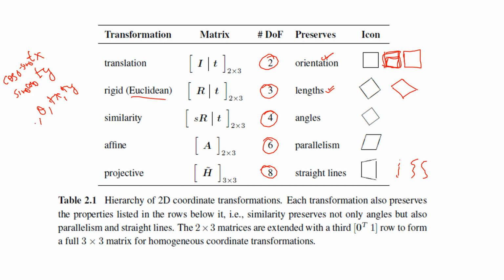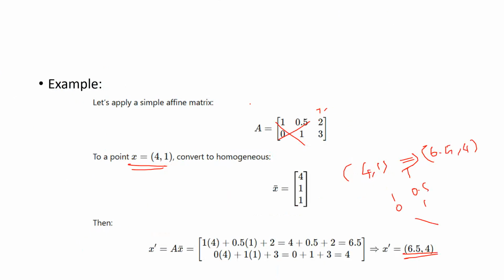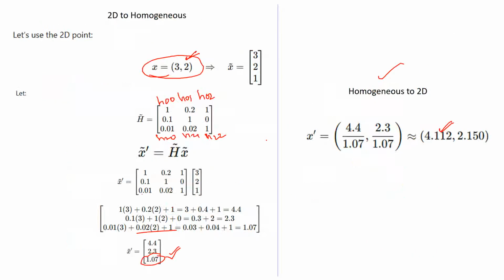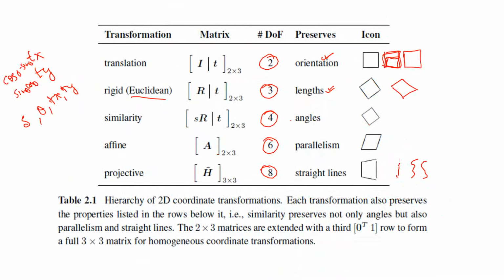In addition, with scaling we have a scale value, so it is 4, right? In affine, the matrix generally considers all the diagonal values, all the rotation values, and the translation also. So how many elements do we have? One, 2, 3, 4, 5, 6. So the degree of freedom here is 6.